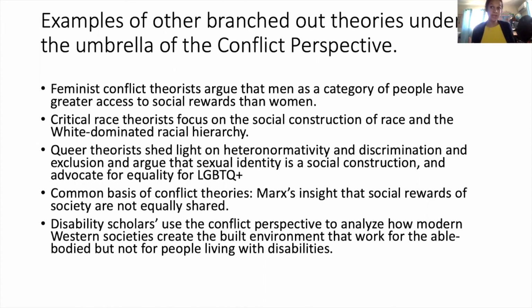And disability scholars ask, how is society organized so that only able bodies can move through it and thrive? Disability studies help us to see society through a more fair, equal distribution of how we organize it. So what all these theories have in common is that they still use Marx's insight that social rewards of society are not equally shared.